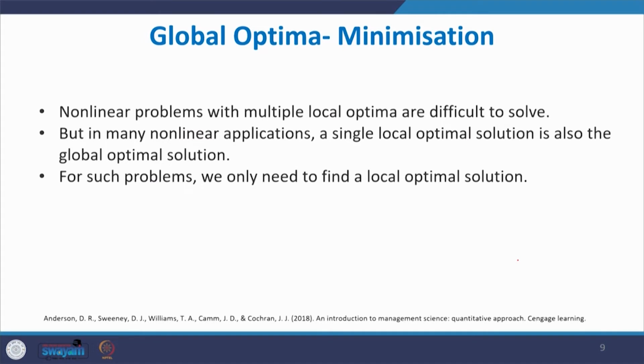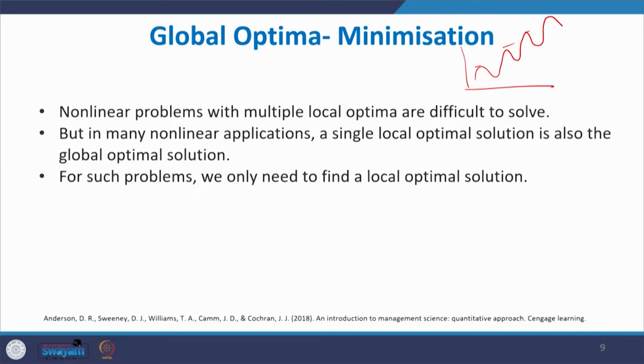Nonlinear problems with multiple local optima are difficult to solve. If there are different local optima, for example, like what we discussed in the previous lecture, with several local maxima, then this kind of problem is difficult to solve.